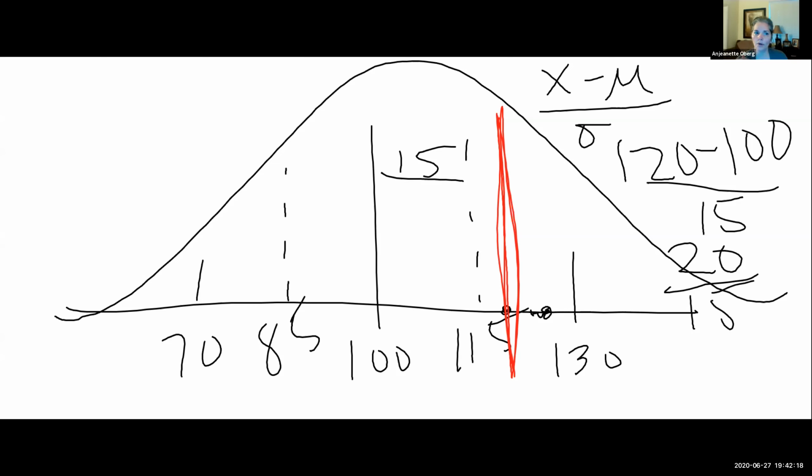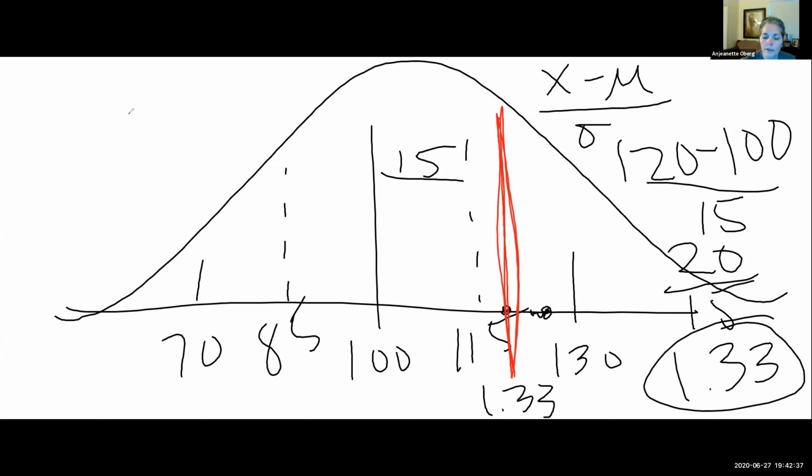Now it's making more sense, right? 20 divided by 15 is going to be 1.33. That's making sense to me, okay? So my z-score is 1.33.